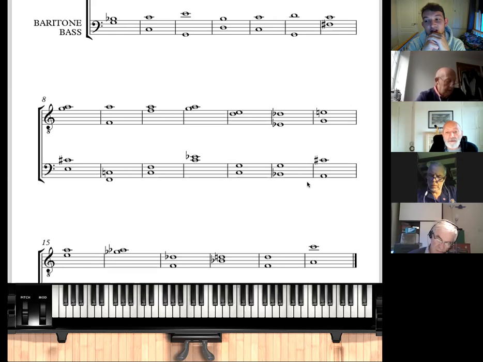I've lost which one are we looking at again? Second one from the end. This one, yeah. E flat. You've got G. You've got a B flat, E flat, and you've got a D flat.